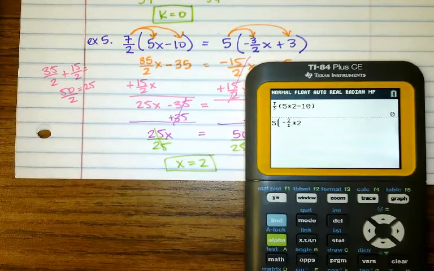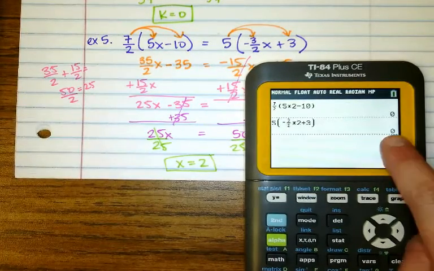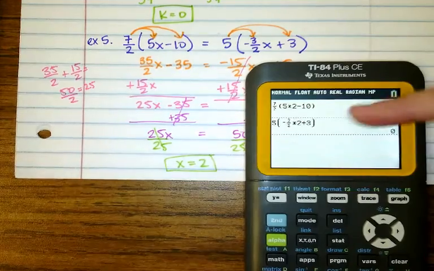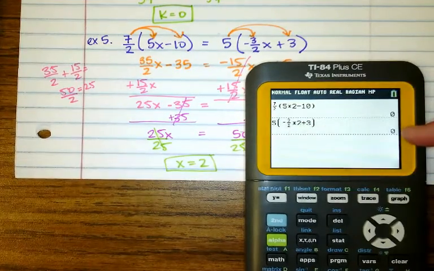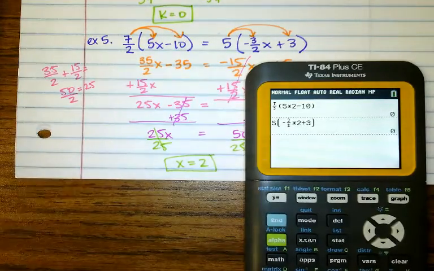And that will also give me 0. So the left side of my equation was 0, the right side of my equation was 0, so they're equal to each other. They won't always be 0. If it was like 7 and 7, that would be fine. You have to plug it in on both sides, and if both sides are equal to the same thing, then you know you have the right answer. Okay?